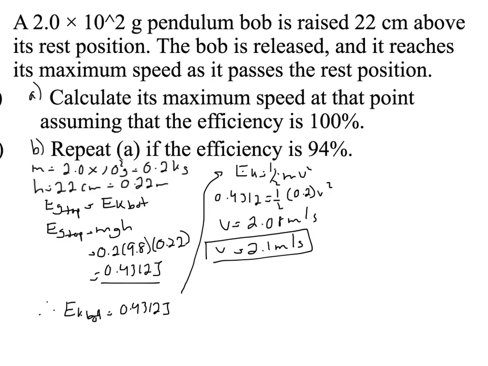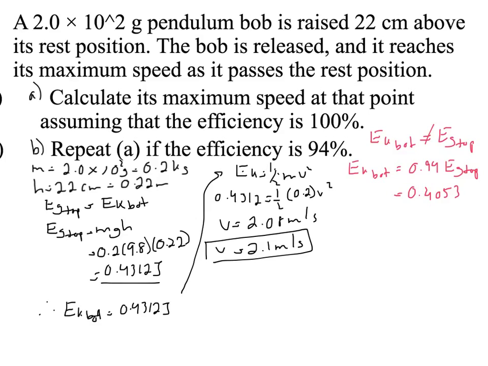Now B says repeat if the efficiency is 94%. And what does that mean? Well, that means that EK bottom is not equal to EG top because energy is lost. EK bottom is going to equal 0.94 EG top, which is going to be 0.4053.